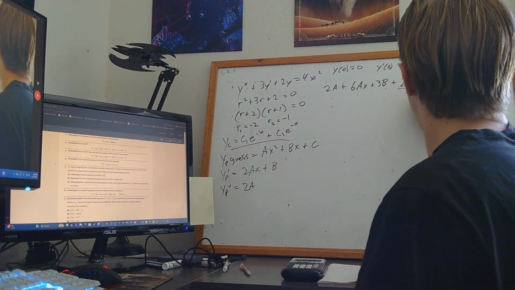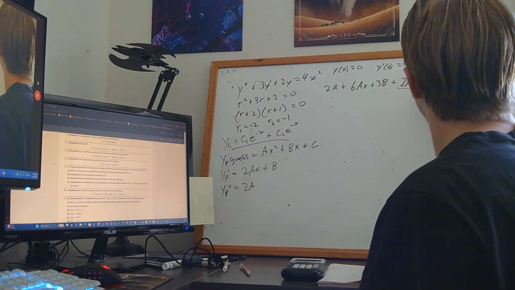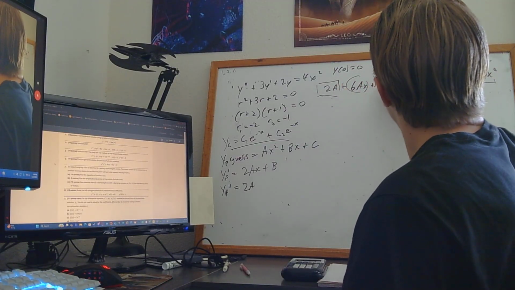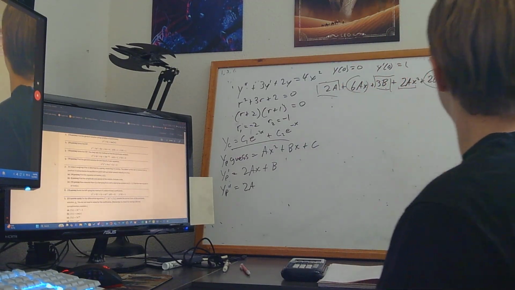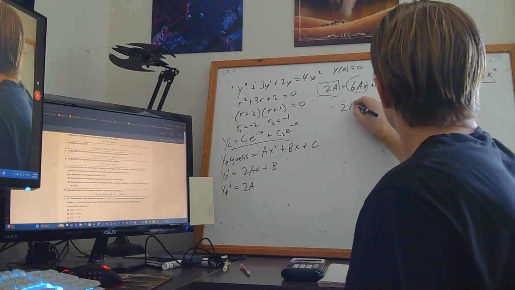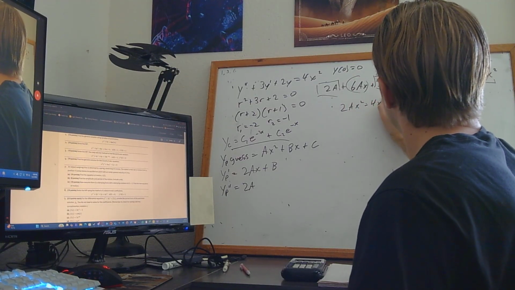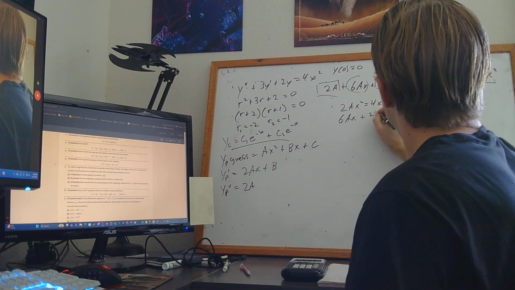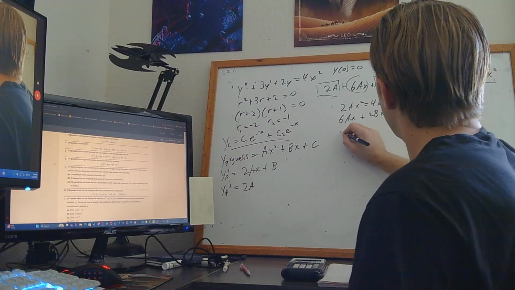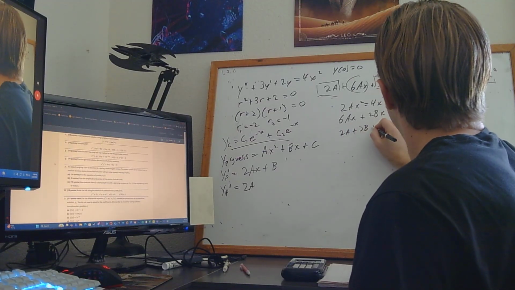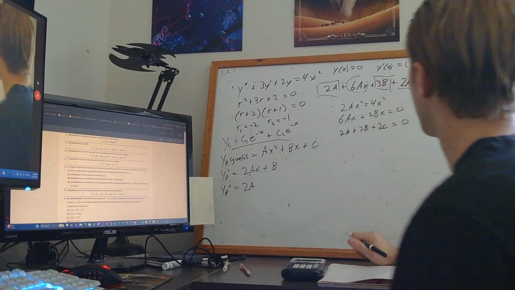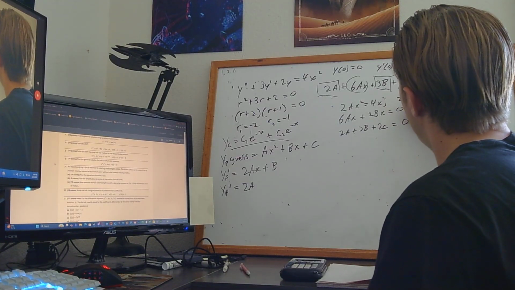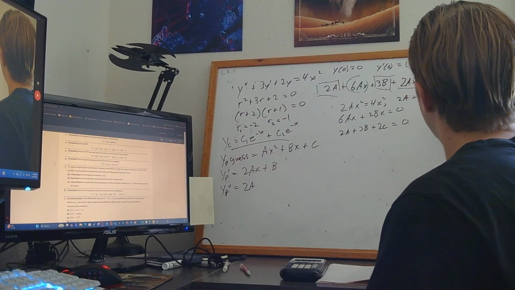Okay, so we're going to have the equations 2ax squared equals 4x squared, 6ax plus 2bx equals 0, and 2a plus 3b plus 2c equals 0. So for this top one here, we're going to have 2a equals 4, so a equals 2.